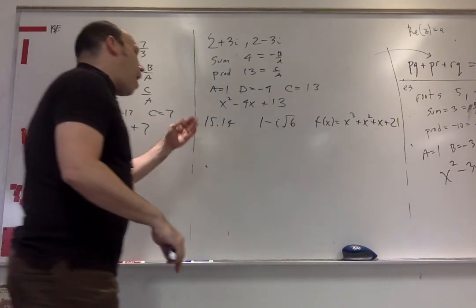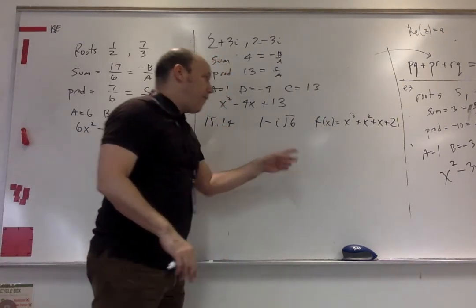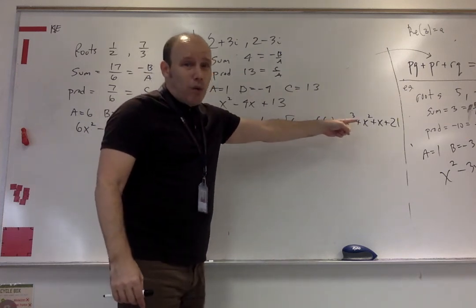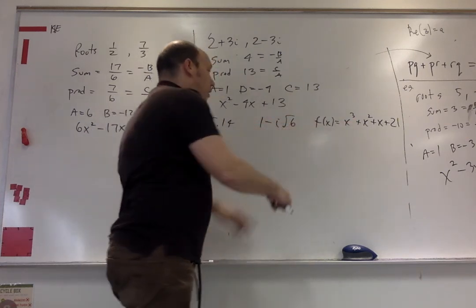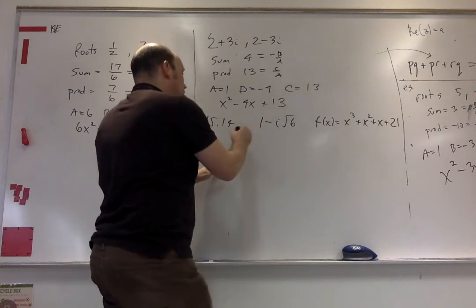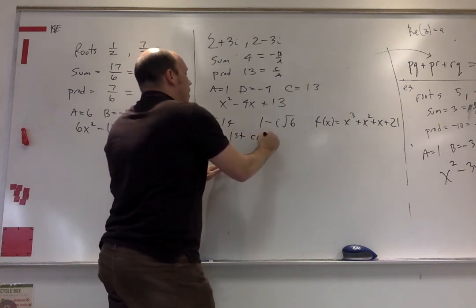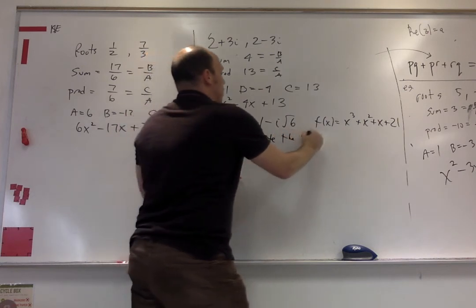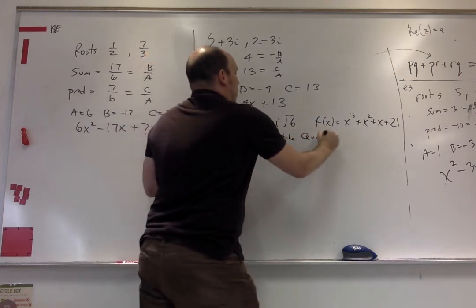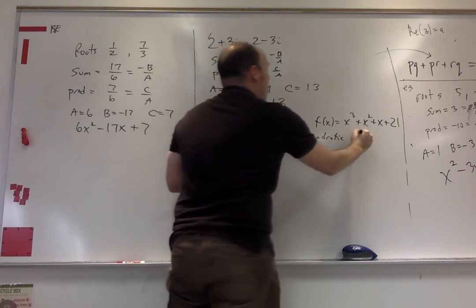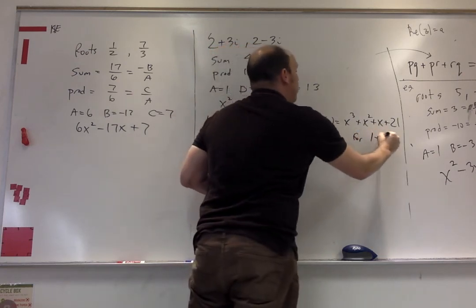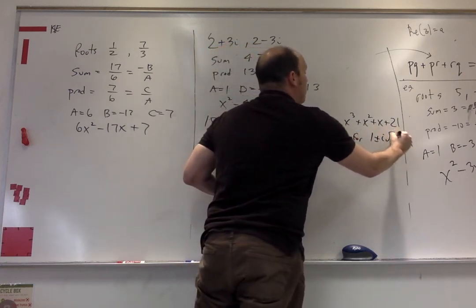So, how I would do it? Well, if it's a real polynomial, I'm given this root, I'd say, okay, first, let me create the quadratic for 1 plus or minus i radical 6.